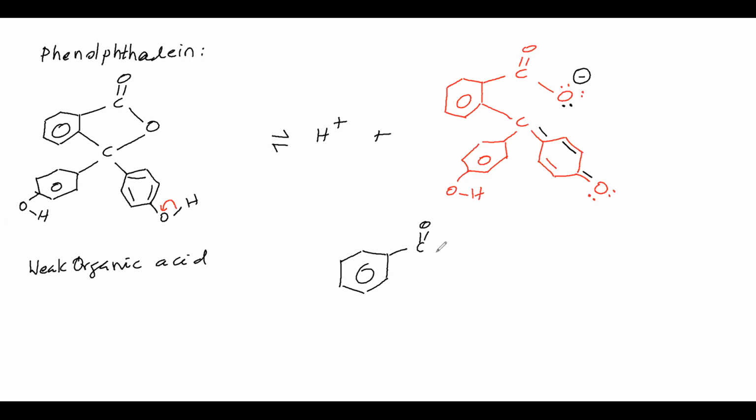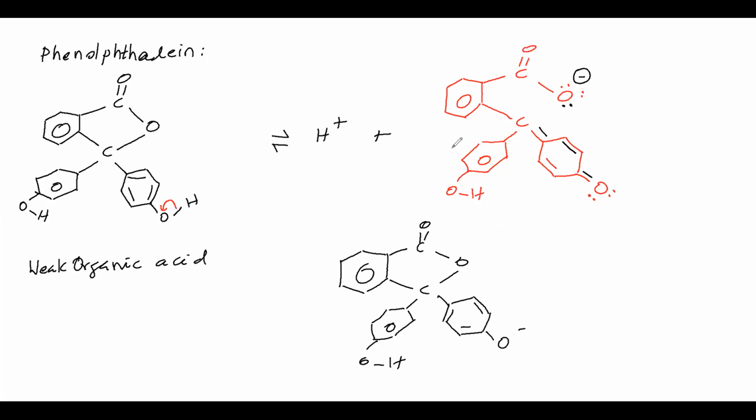Here C double bond O. Previously what species did we get? Previously we got this species, like this species, isn't it? Why have we converted this species into this species? What is the reason?